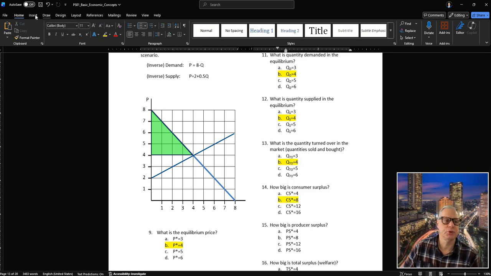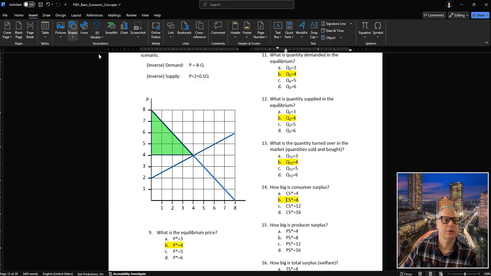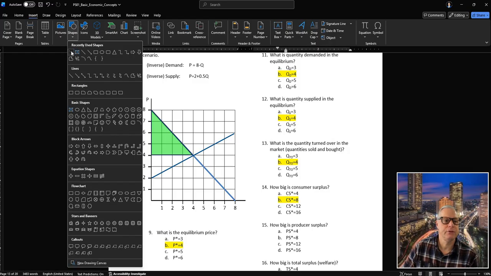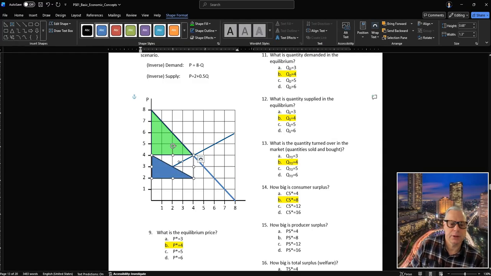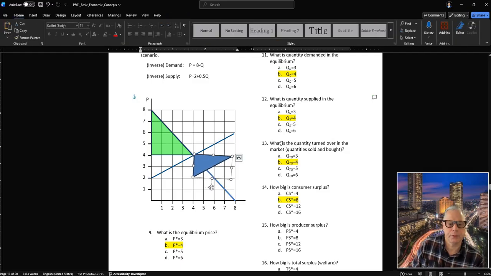How big is producer surplus? So producer surplus is this area here now. I gotta flip it around and turn it a little bit.